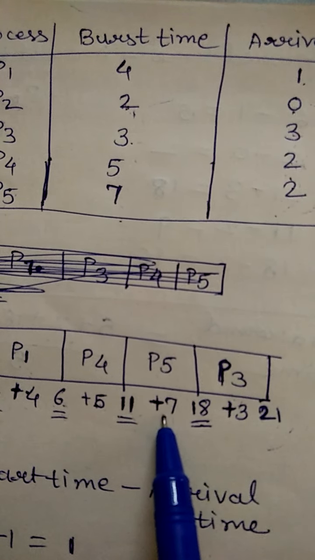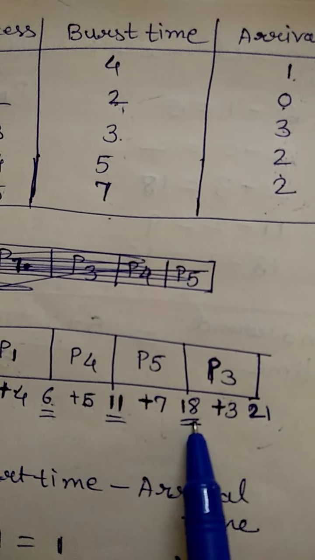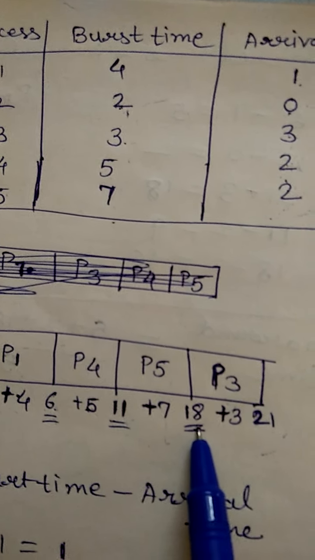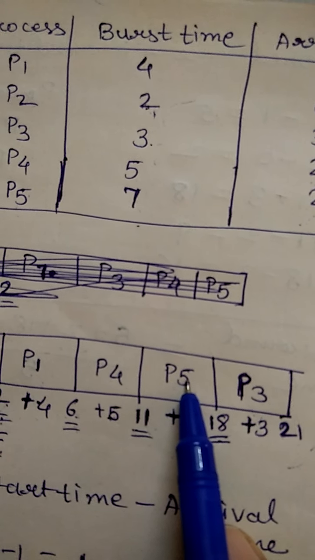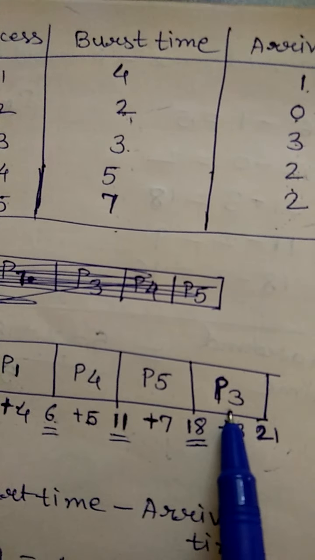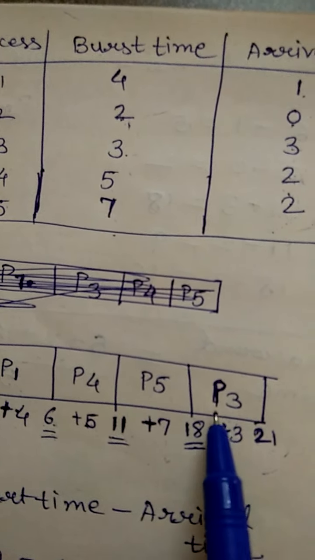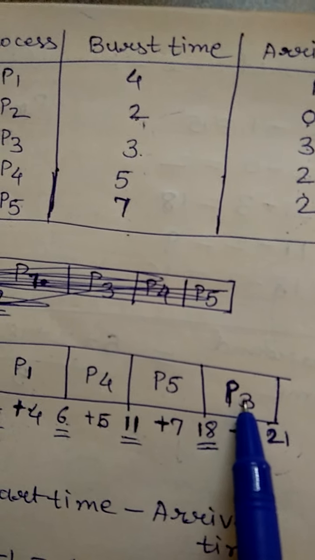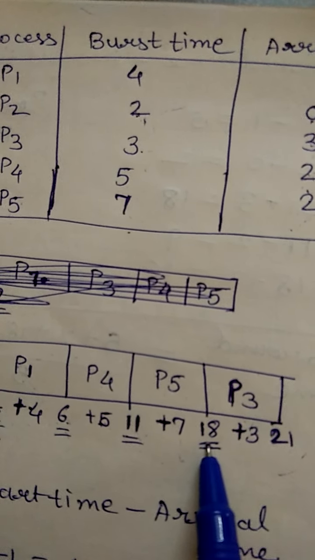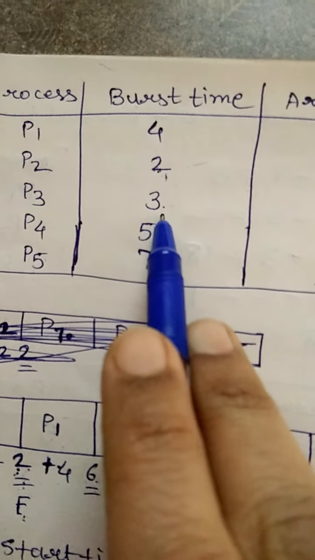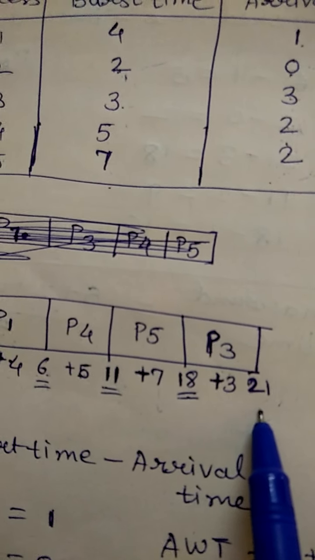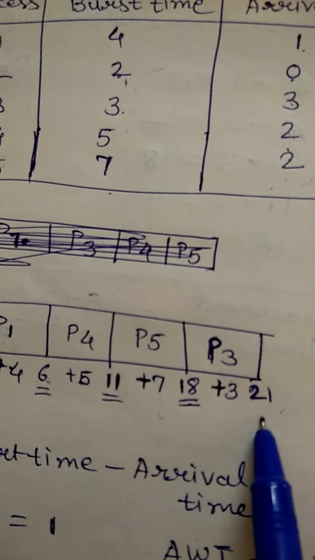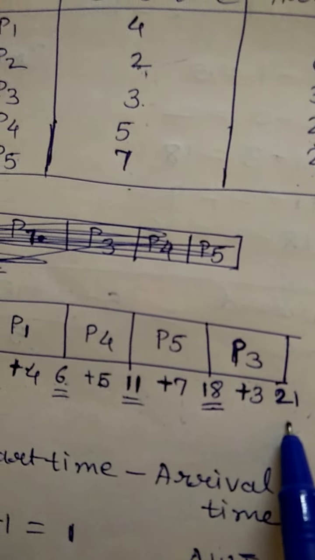So 11 plus 7 comes to 18. At the 18th second, P5 finishes its execution and P3 starts. The starting time of P3 is 18, the burst time of P3 is 3, so 18 plus 3 comes to 21. At the 21st second, P3 finishes its execution.